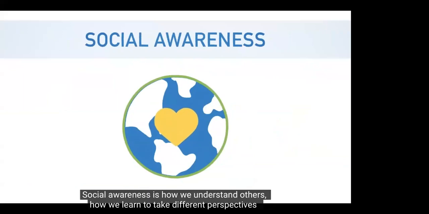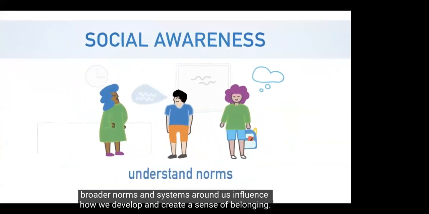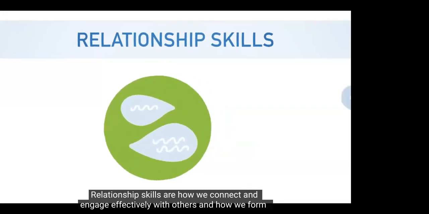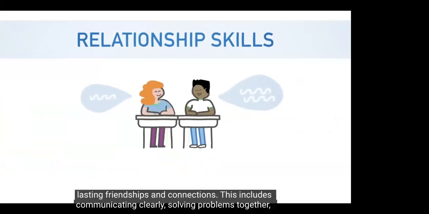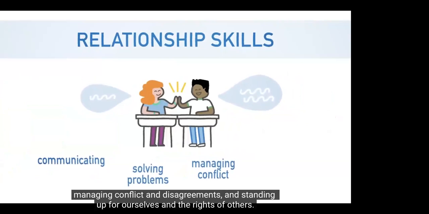Social awareness is how we understand others, how we learn to take different perspectives and empathize, even with people who are different from us. It also includes understanding how the broader norms and systems around us influence how we develop and create a sense of belonging. Relationship skills are how we connect and engage effectively with others, and how we form lasting friendships and connections. This includes communicating clearly, solving problems together, managing conflict and disagreements, and standing up for ourselves and the rights of others.